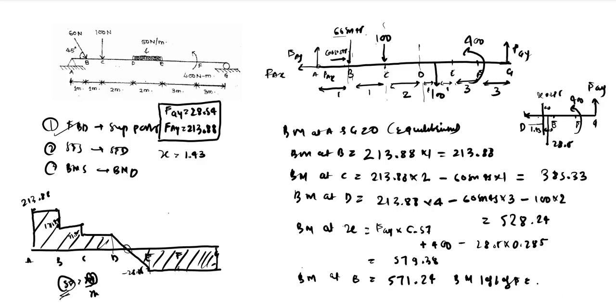Left of F is 28.54, which is the FGY, into 3, anti-clockwise, so that is y positive, plus 400, so 485.62. Bending moment right of F is nothing but 28.54 into 3, anti-clockwise, so that is y positive, 85.61.